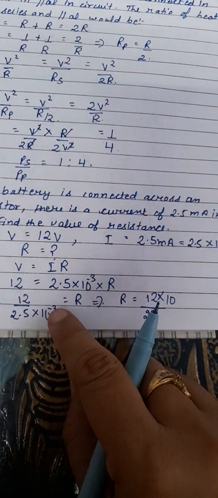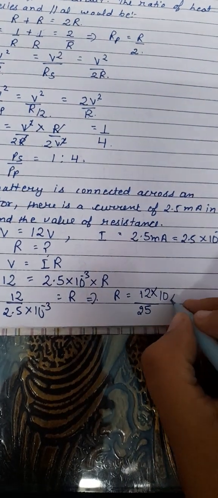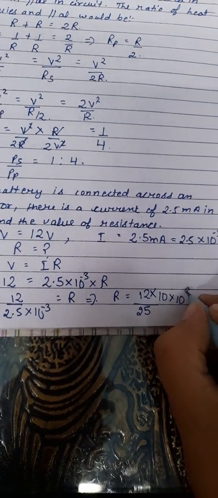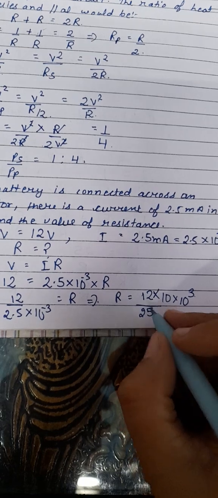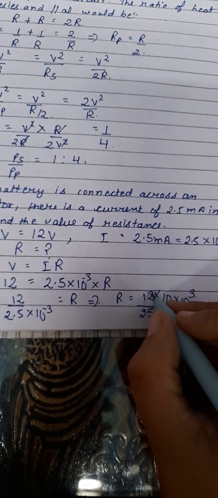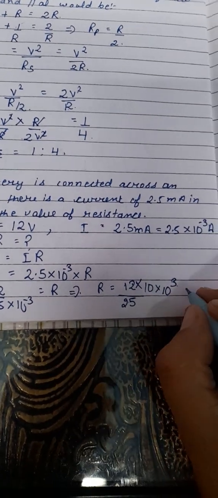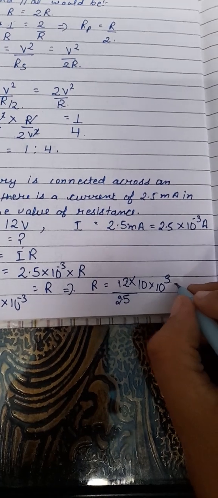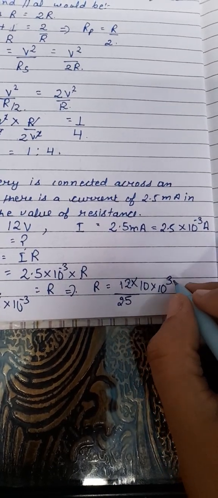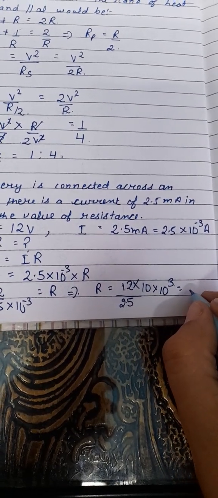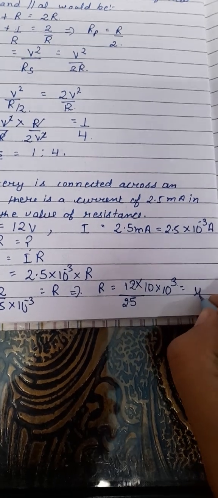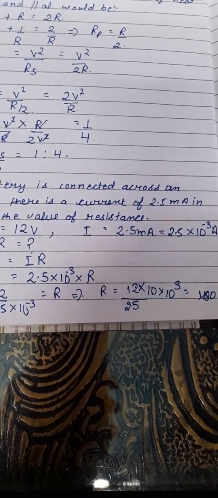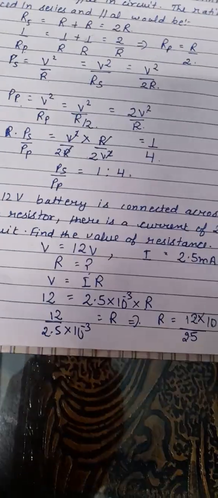Here is 10 raised to power minus 3. If you shift it up, then this is 10 raised to power 3. Next, now divide these two terms, 12 over 25 and multiply by 10 raised to power 3, then you will get the answer of 480. Here the unit of resistance is ohm.